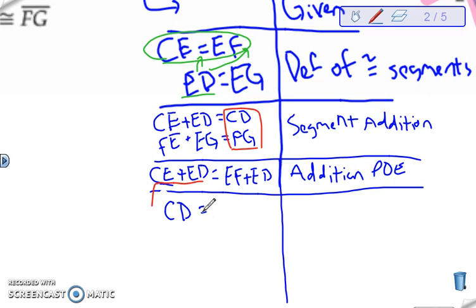I don't have that yet, but ED is equal to EG. So I can take EF and change this second guy to EG. And that's substitution.